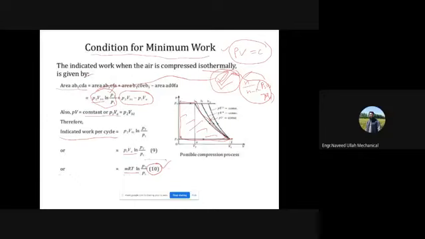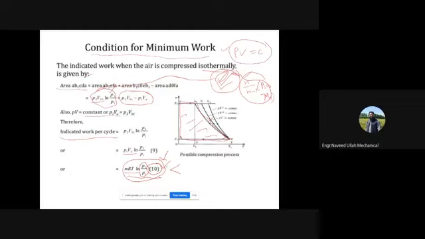And the work consumed by the compressor using this equation, for the same pressure ratio, will be less than for the one that we discussed earlier. There may be an example on this work consumption later on. The work consumed by the compressor if the process is isothermal is less than when the process is polytropic or isentropic.